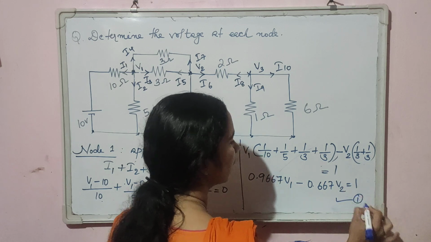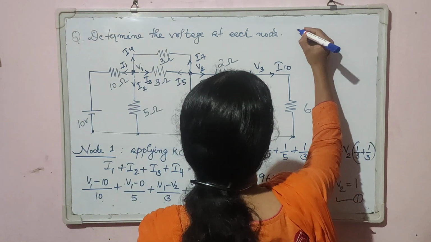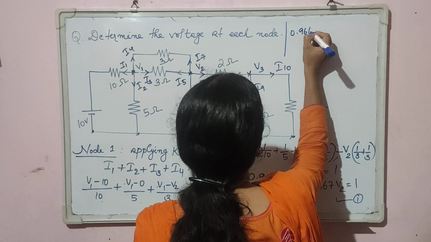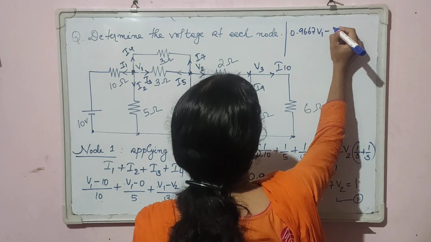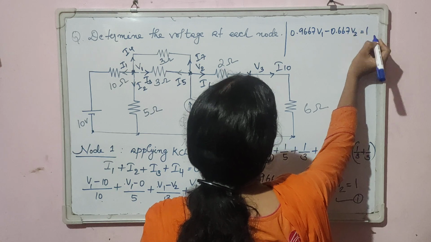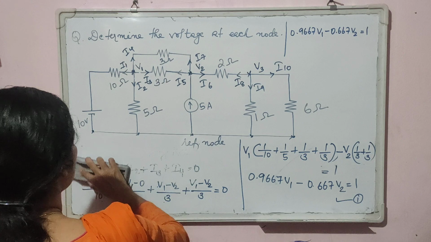This is our equation number 1. So let us note equation number 1 here: 0.9667 V1 minus 0.667 V2 is equal to 1. Now consider node 2.